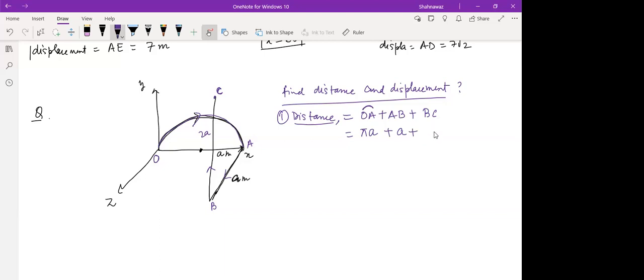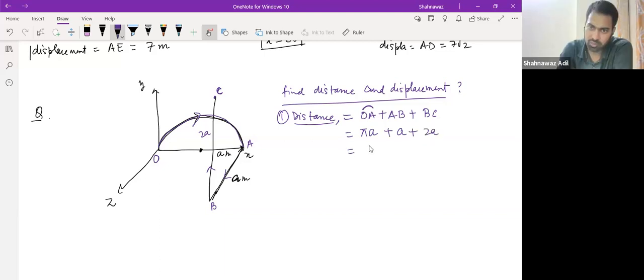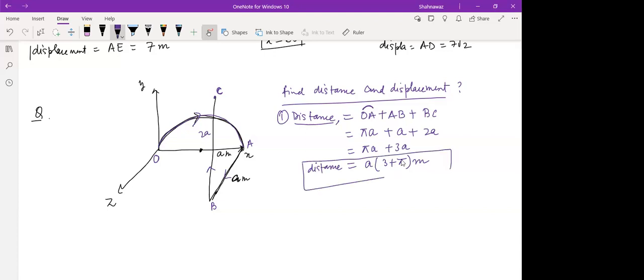So this would be simply pi A plus 3A. We can take A common, so (pi plus 3) A meters. This is the distance. Is this part clear? Yes, sir.